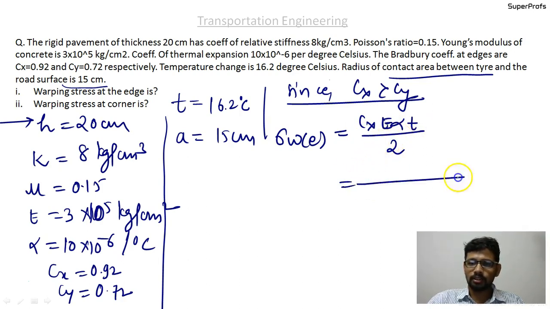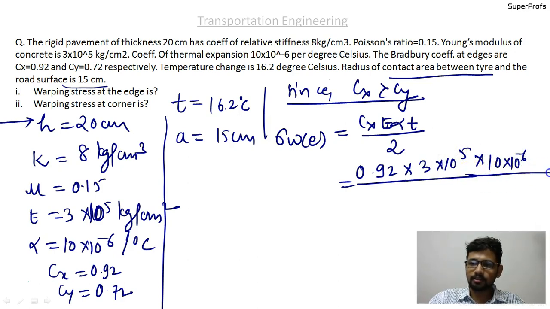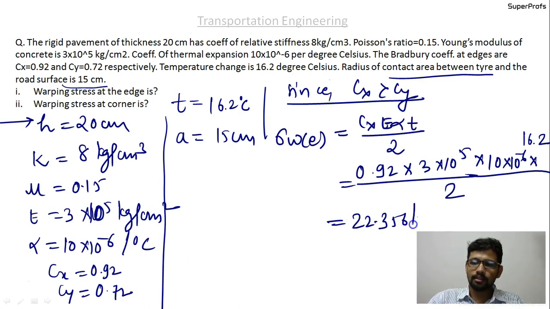So Cx value is 0.92 into E is 3 into 10 to the power 5 into 10 into 10 to the power minus 6 into T is 16.2 upon 2, that is equal to 22.356 kg per centimeter square. 22.356 kg per centimeter square is our answer. Please understand how we have done this.